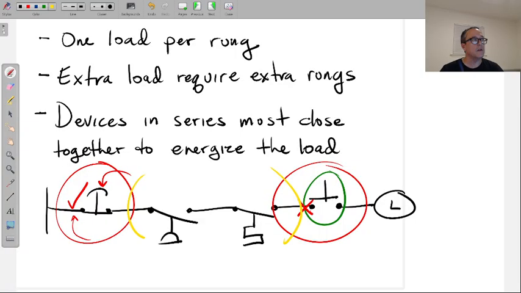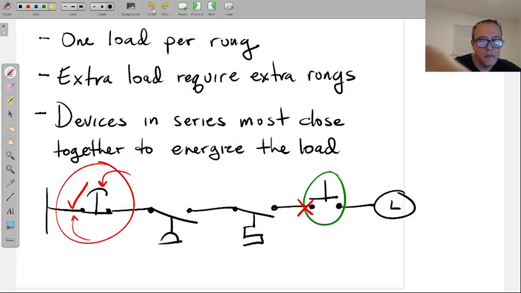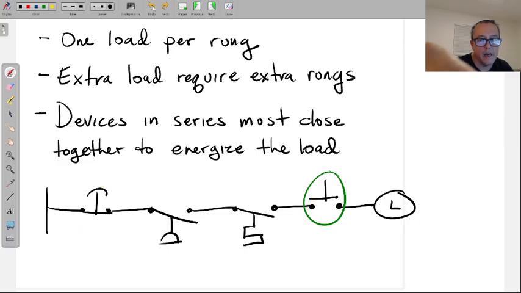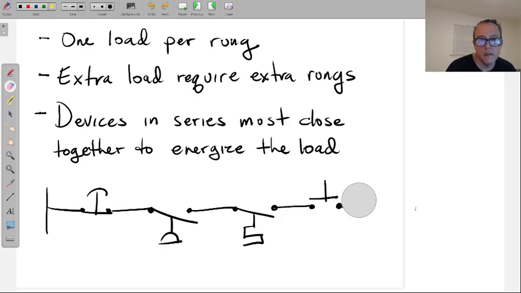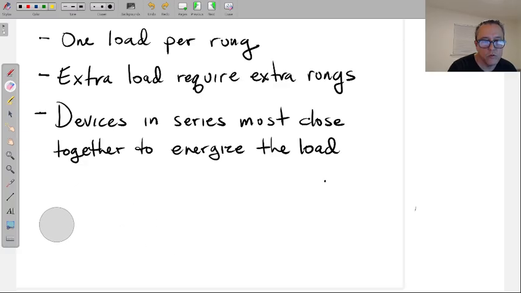Somewhere in there, something has not closed. So normally open positions are not allowing electricity to flow. Normally closed positions are. There's a little bit of everything that we've talked about this week. So devices in series must all close together to energize the load.